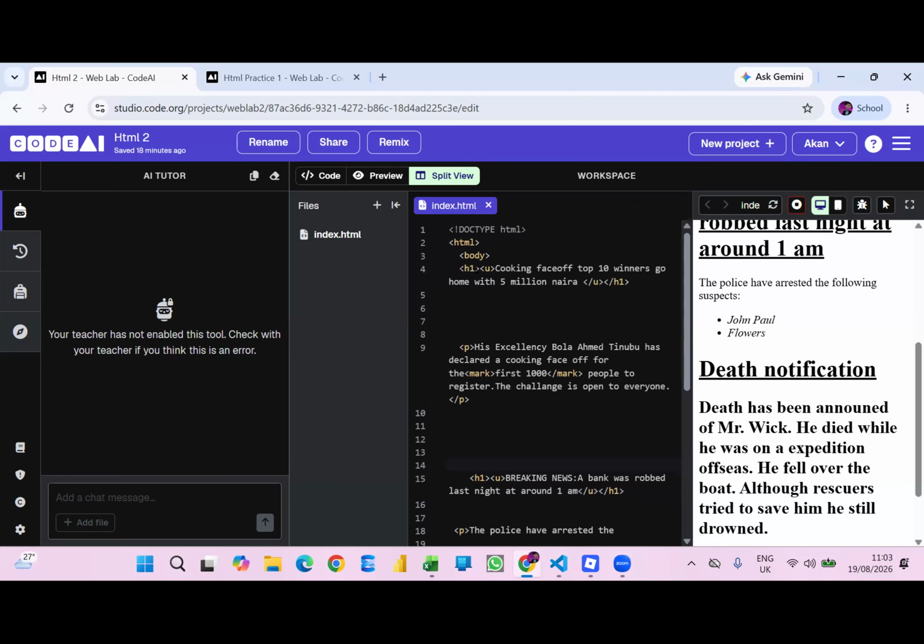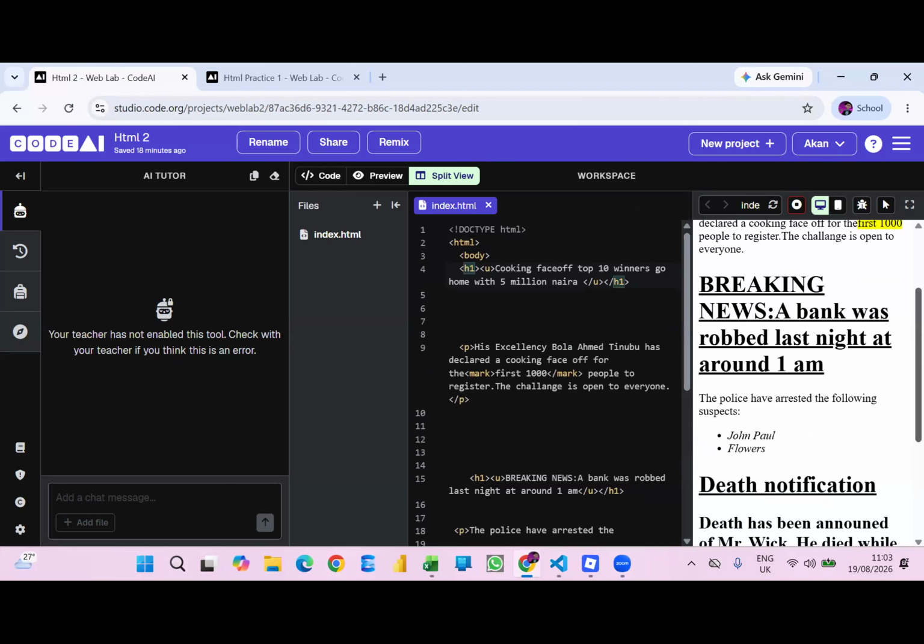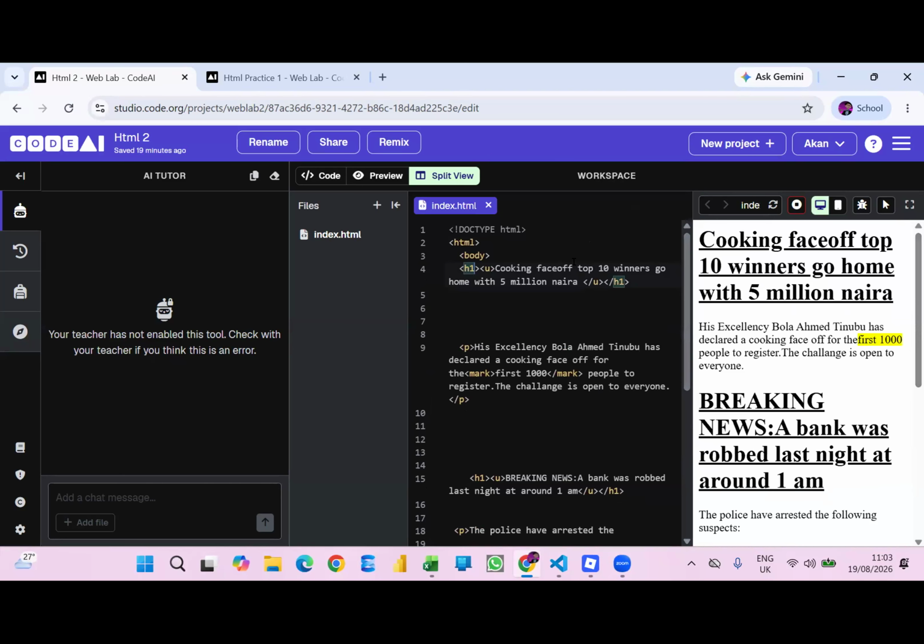I used the H1 function to put the heading, and I used underline to underline my work. Then I used this paragraph to write this out, and then I used the mark function to highlight the main idea, like this first 1,000. In case someone did not notice the first 1,000, the person will now notice it.